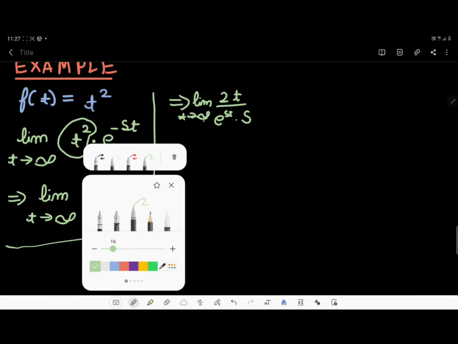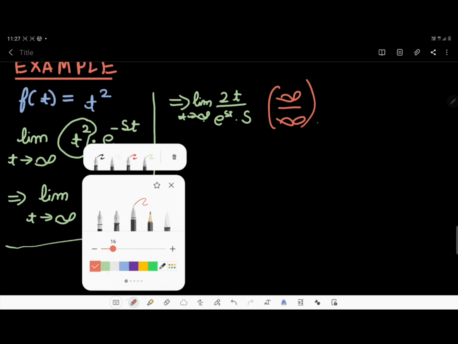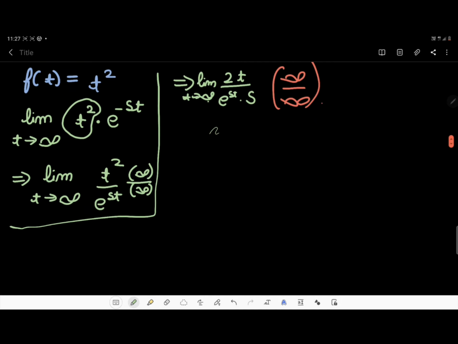Now again this is in the form of infinity upon infinity, so again differentiating up and down, it will become 2 upon e raised to power st into s square. And I'll write the limit here again.